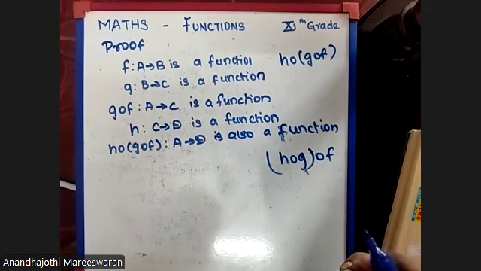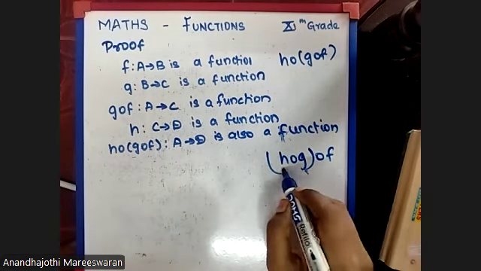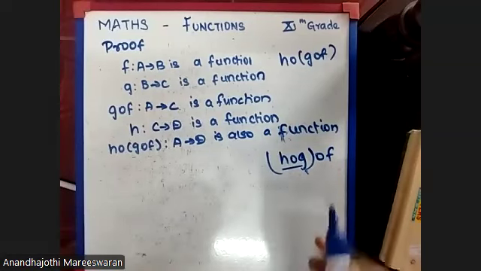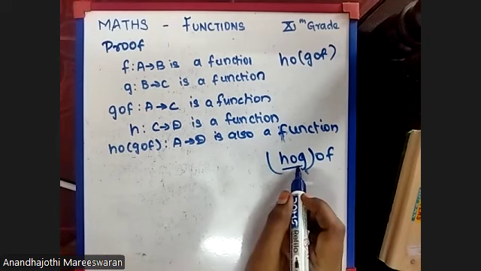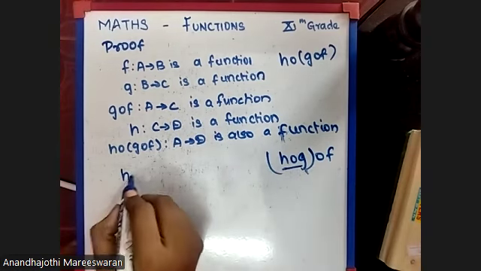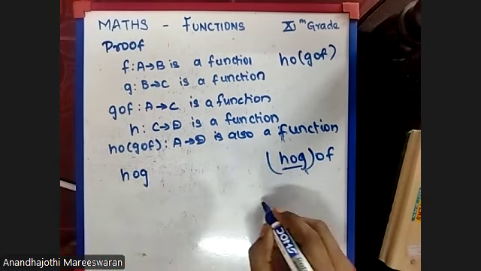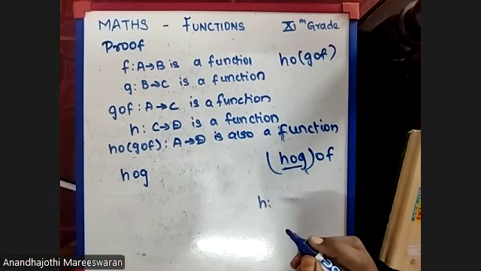As I said earlier, the one inside the bracket will be considered first. So we are going to find a domain and codomain for H circle G. Shall we find H?